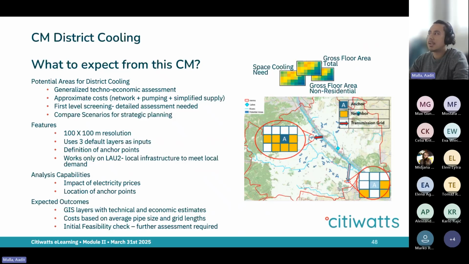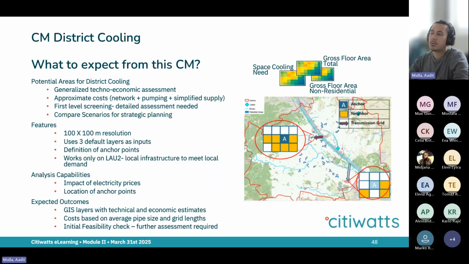Also, the idea then is, with the use of the gross floor areas, the 2 layers identify these so-called anchor points. So the idea is that a district cooling network, unlike heating, is mostly located around areas where there is consistent demand over the years, and mostly in the European context, this would refer to non-residential buildings which require cooling all across the year.